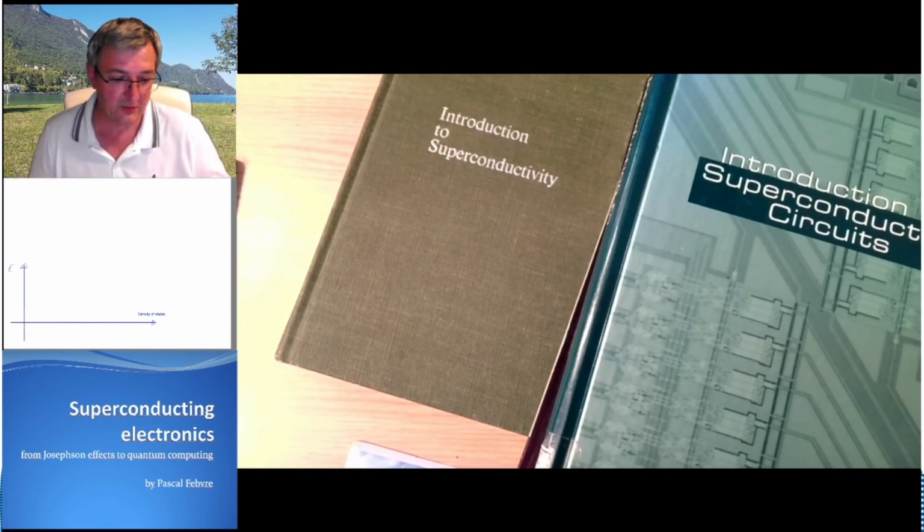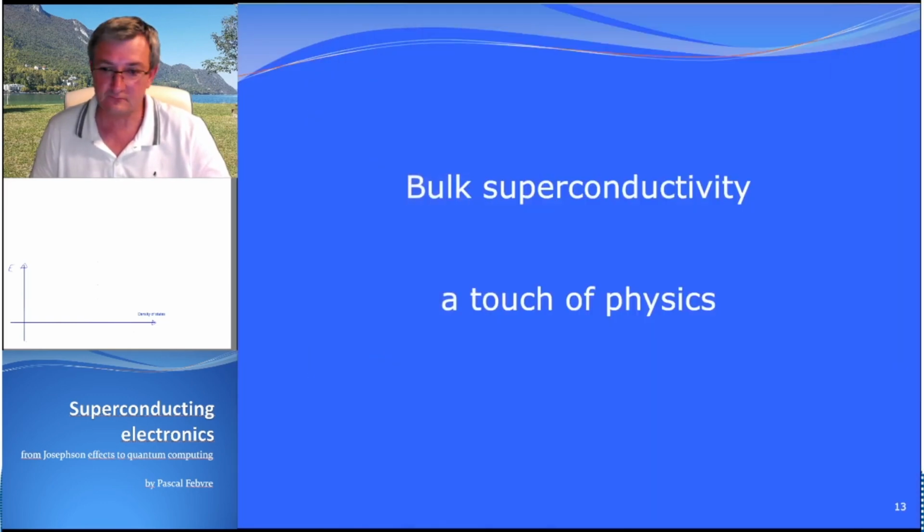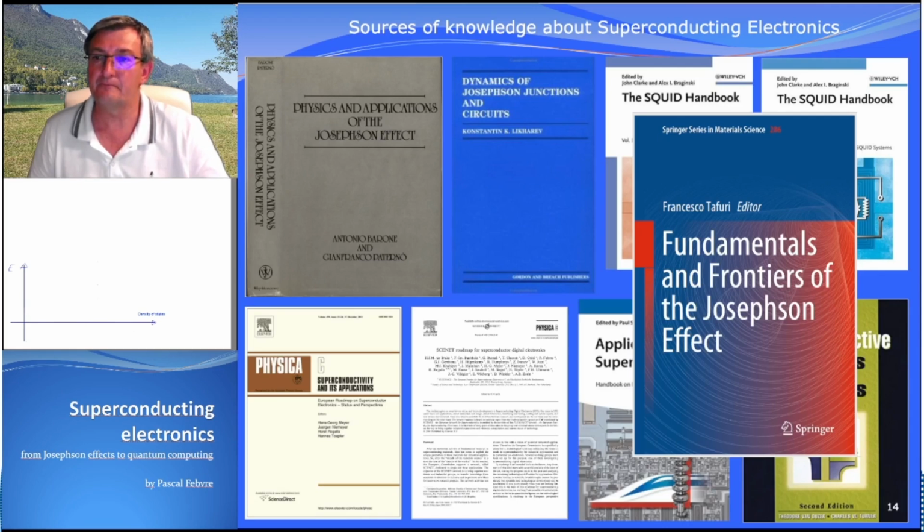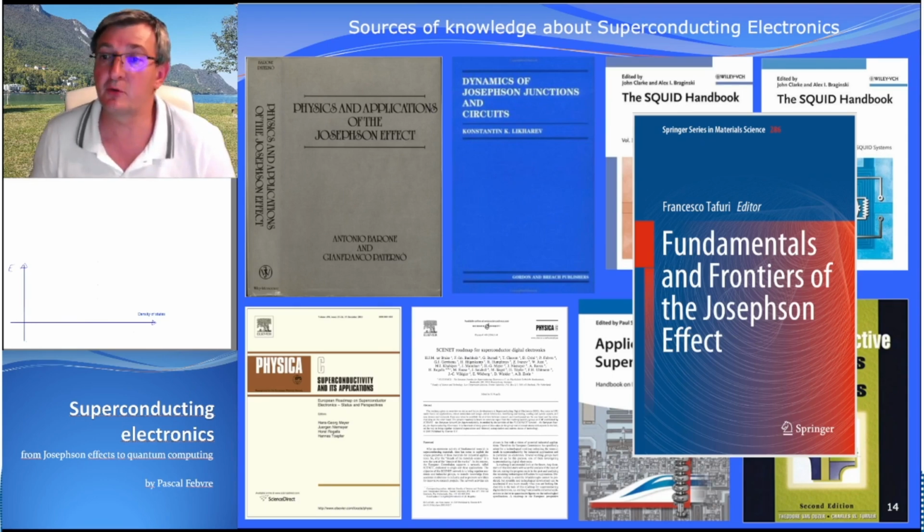So I would recommend you have a look at them if you want to go into detail. I forgot to mention the book by Antonio Barone, Physics and Applications of the Josephson Effect, which is really important as well for the Josephson junction properties.